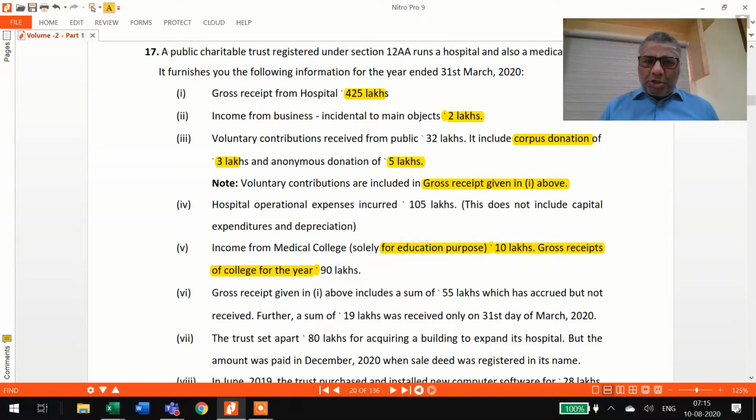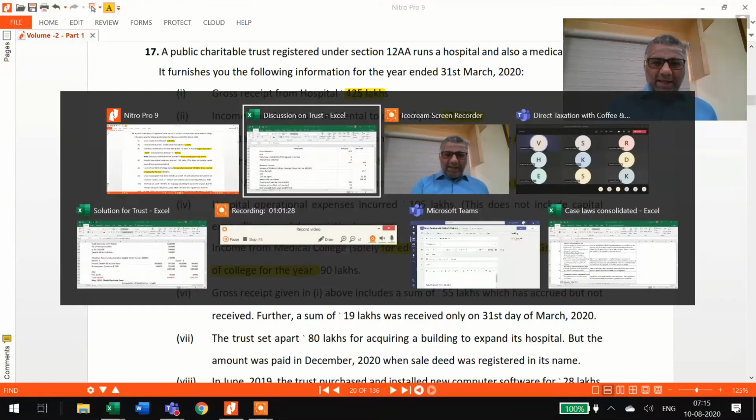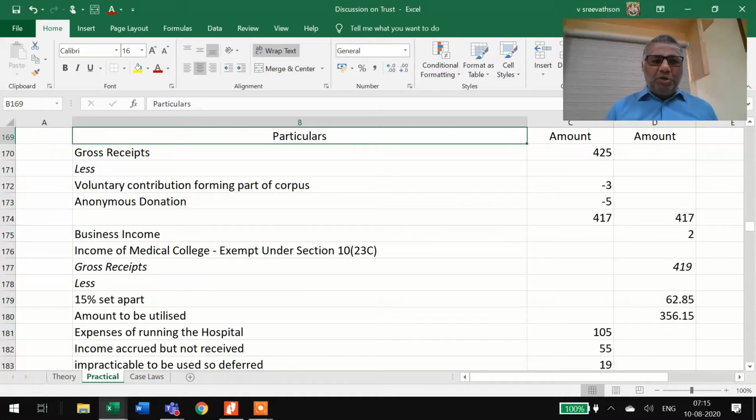Voluntary contributions are included in that. That 425 includes this 32. So I should not add back 32. Only 3 and 5 should be adjusted. You should not treat that 32 separately. From 425, you have to reduce 3 and 5.